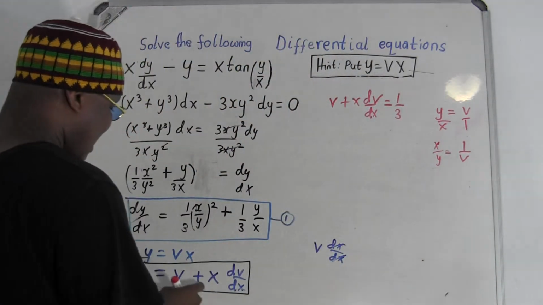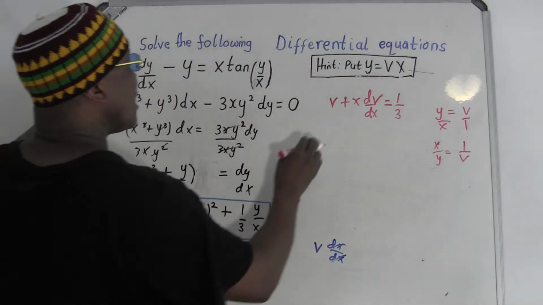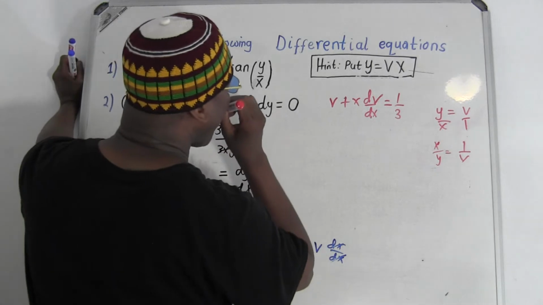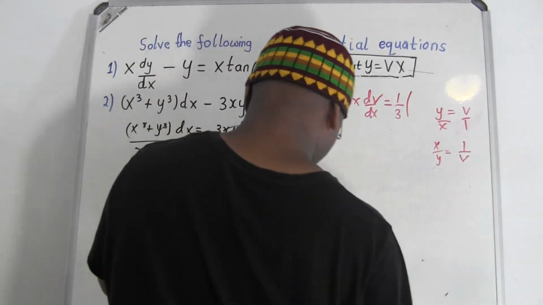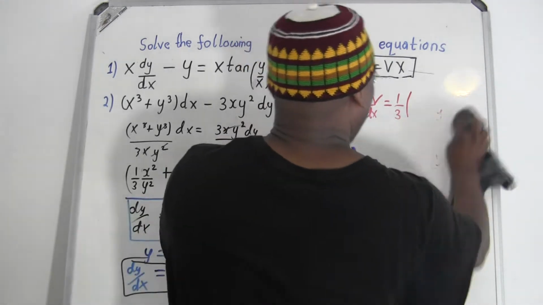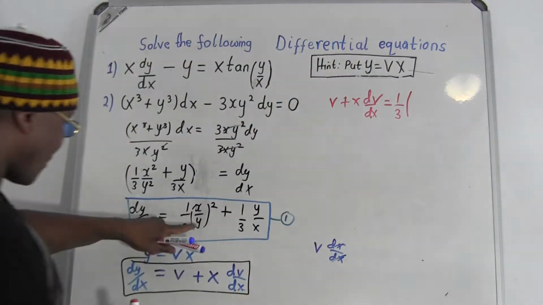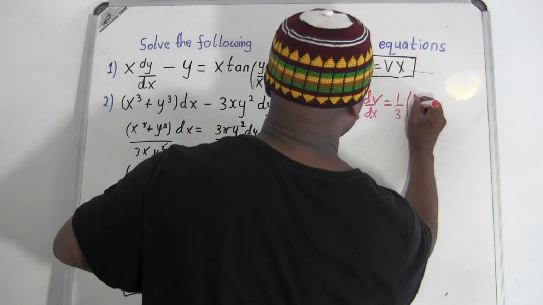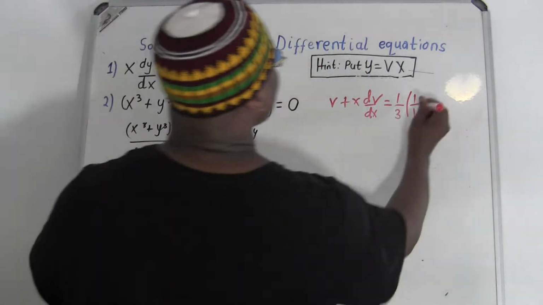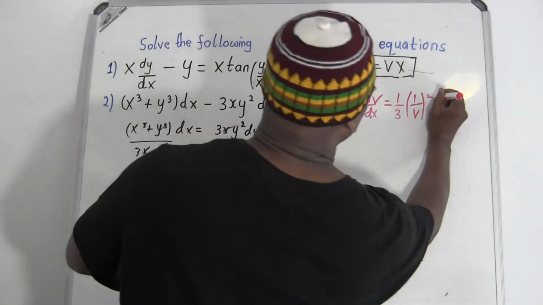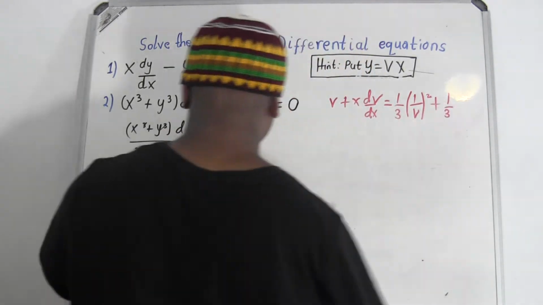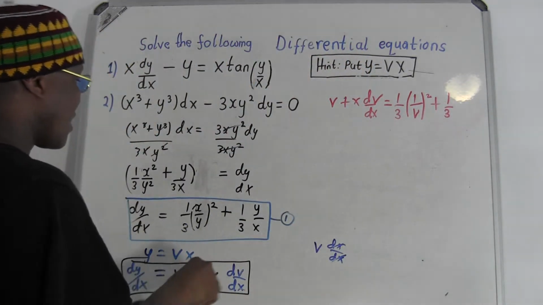So then I'm going to say this one right here is going to become 1 over 3, and this is going to become 1 over v, but squared. So square for both, 1 over v squared, okay, plus 1 over 3, and then y over x.